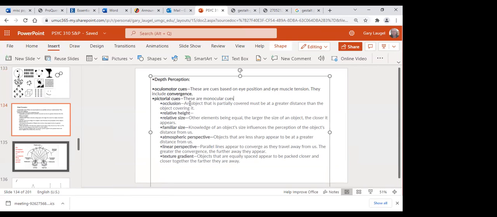They include occlusion. In other words, if an object covers up part of another object, it's probably closer to you. Relative height. Now, what does that mean? The farther away an automobile gets, the smaller it looks on your retina. That would be like familiar size. You don't think the car has actually gotten smaller.